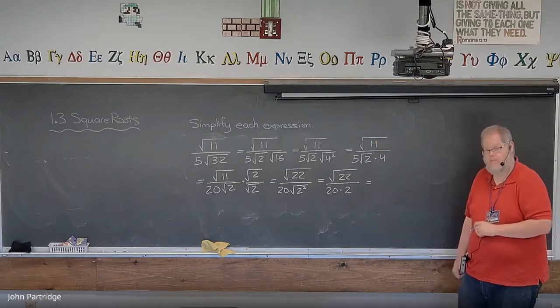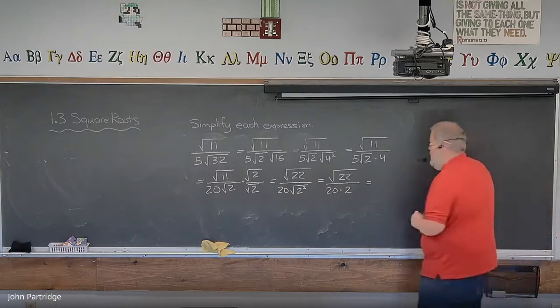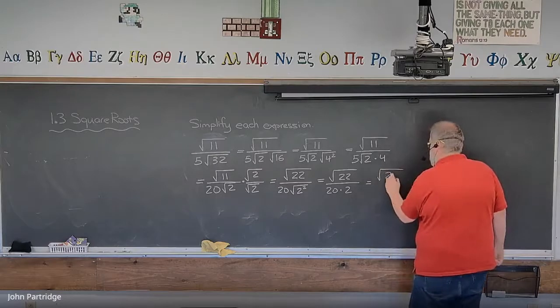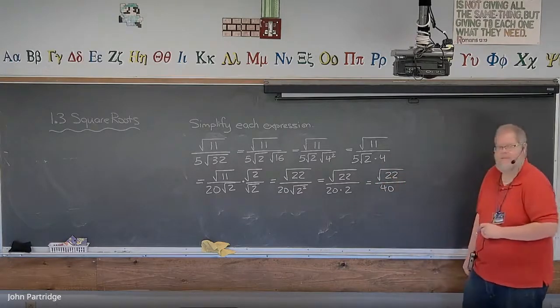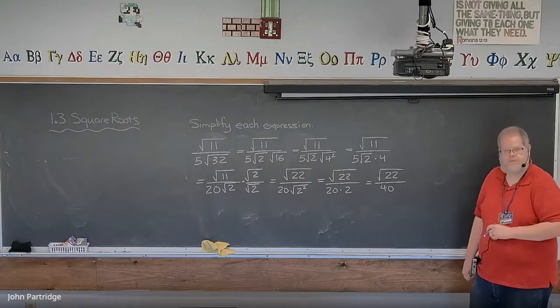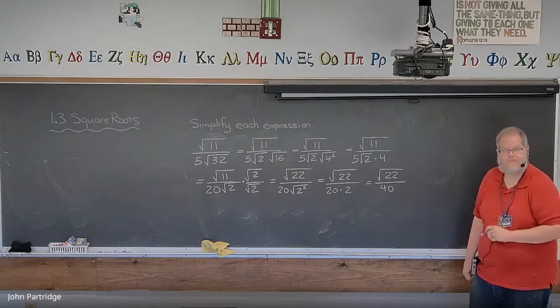The square root of 22 divided by 20 times 2. Final answer, the square root of 22 divided by 40. Pause the video.